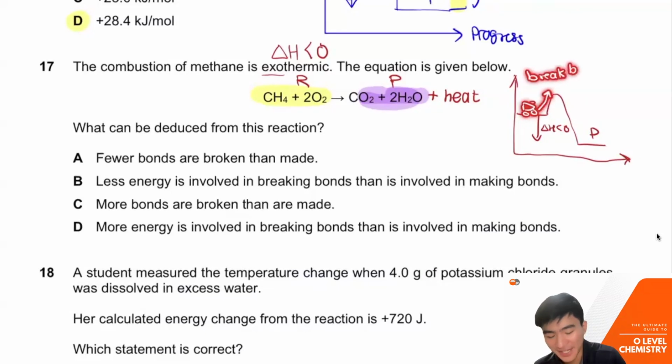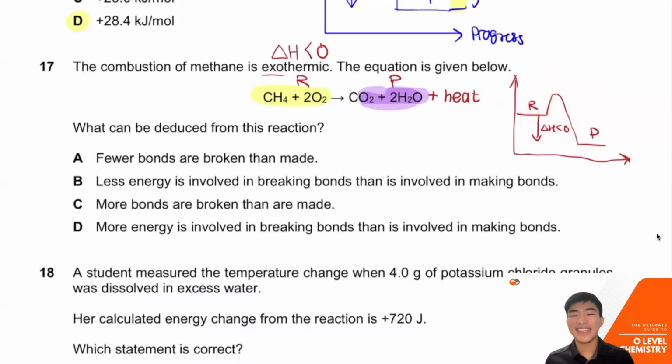I need to break the bond first before I can go down, which is to form bond. From here to here, the energy required to break bond is this amount. This amount is the energy required to form the bond. Everybody has a different answer. One got A, one B, one C, one D. I need to explain already.